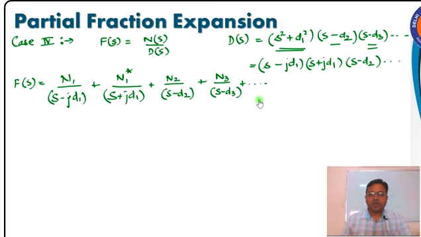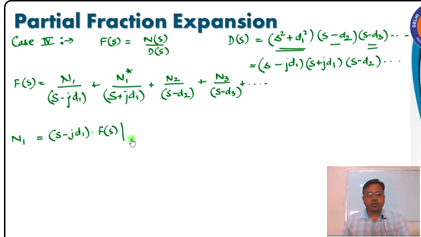That is, the things will remain the same, only s square plus d1 square should be written in this form first, and then we can expand this. Similarly the calculation of these n1 and n2 will not change. That is, n1 will again be s minus j d1 times f of s, and I will substitute s equal to plus j d1.